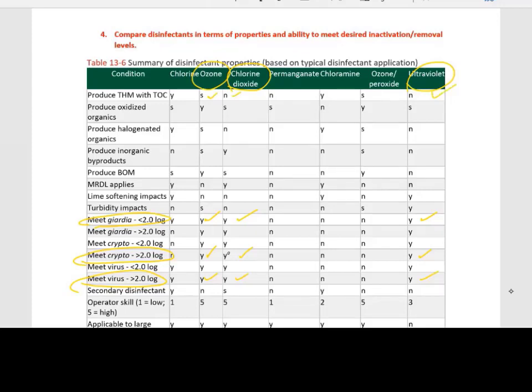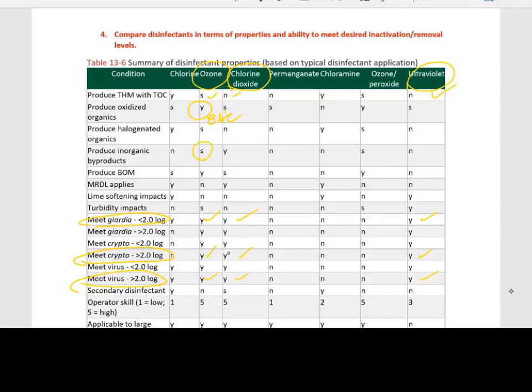You produce oxidized organics. And this is why we need the BAC, the biologically activated carbon. Halogenated organics, again with ozone, where we form those is if we use chlorine as a disinfectant. Bromate is our big issue here, but bromate's not an issue.